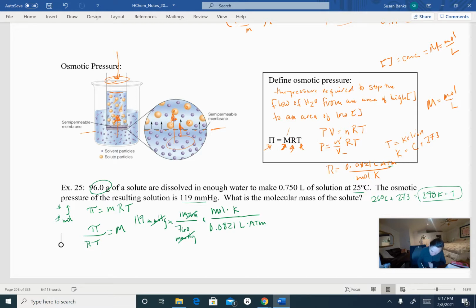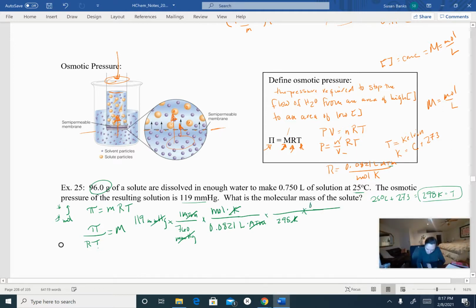Notice my atmospheres cancel out. Then I also have to divide by temperature, 298 Kelvin, so my Kelvin are gone. Now I've got molarity, moles per liter. We had 0.750 liters of solution, so there go my liters, and this will just give me moles.